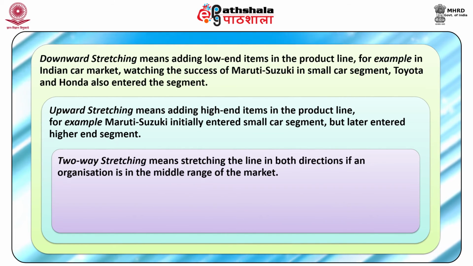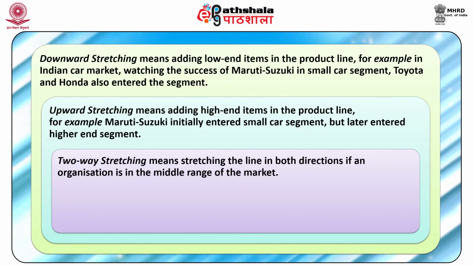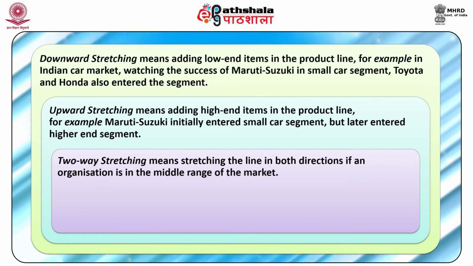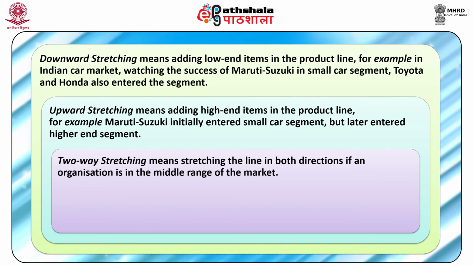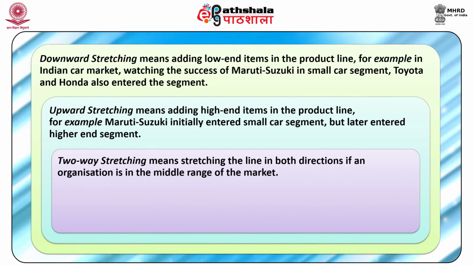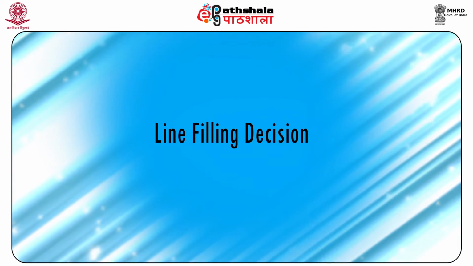B. Upward stretching means adding high-end items in the product line. For example, Maruti Suzuki initially entered the small car segment but later on entered the high-end segment. C. Two-way stretching means stretching the line in both directions if an organization is in the middle range of the market.